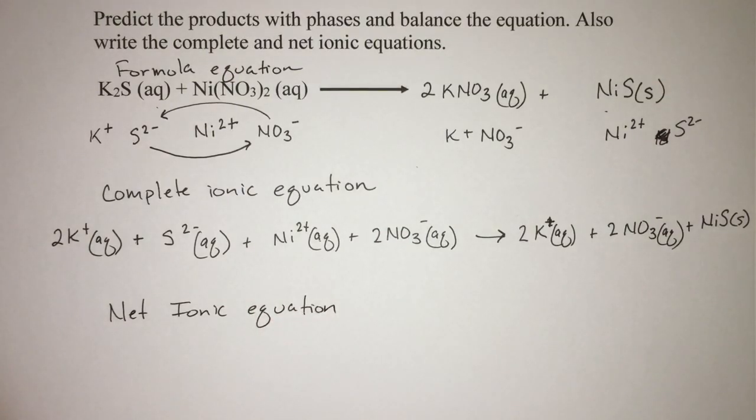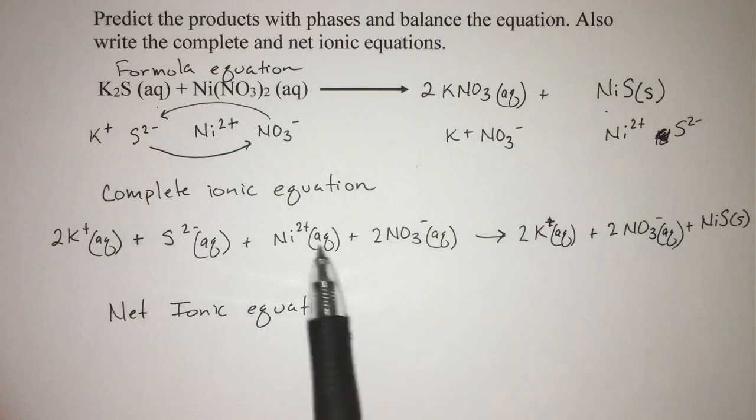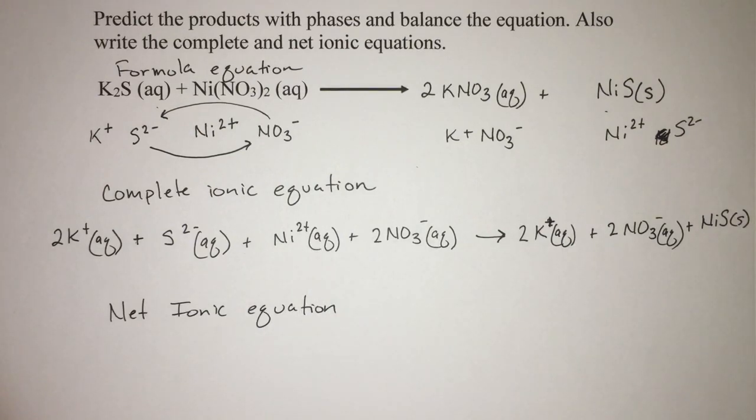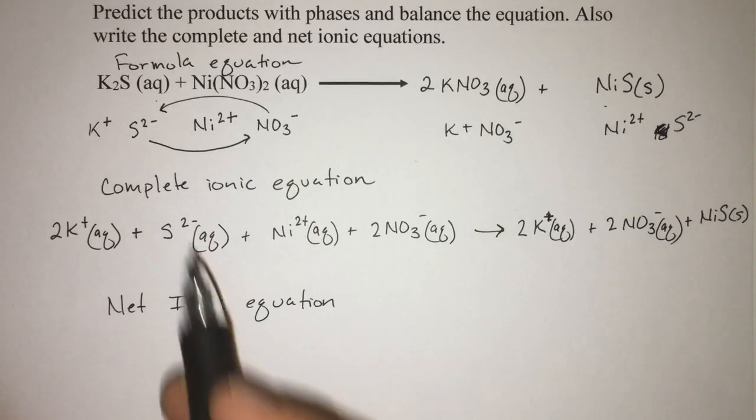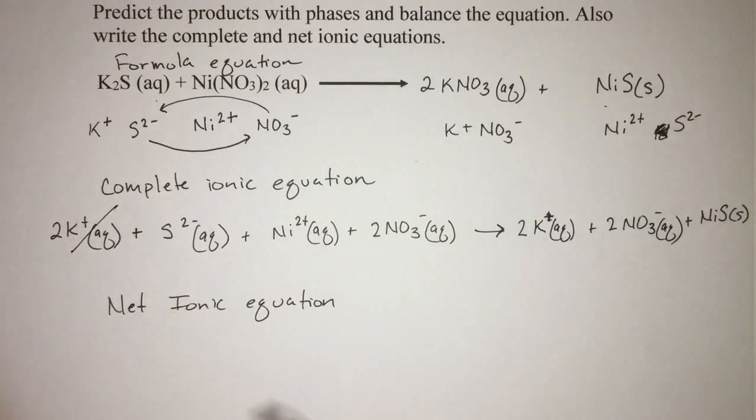What's the net ionic equation? You think of this equation like a math equation. You look on either side, whatever appears on both sides, they'll cancel out. And the net is everything that's left over. You'll notice there's 2 moles of potassium at the beginning.